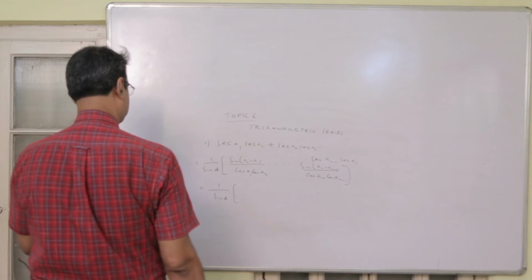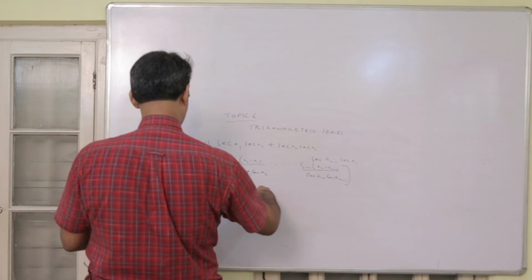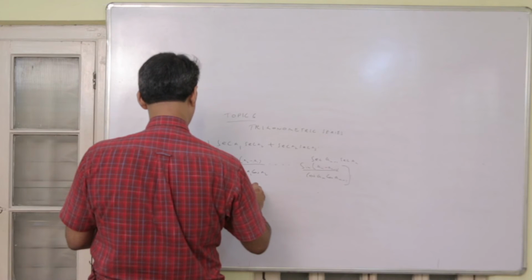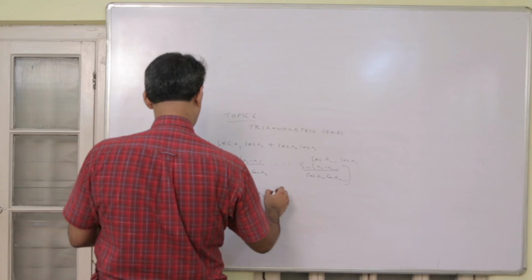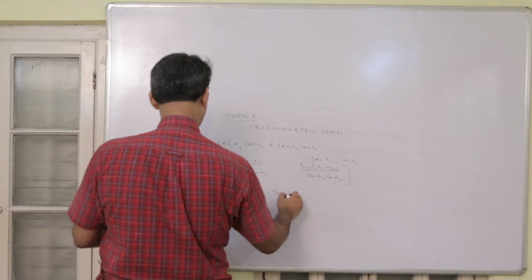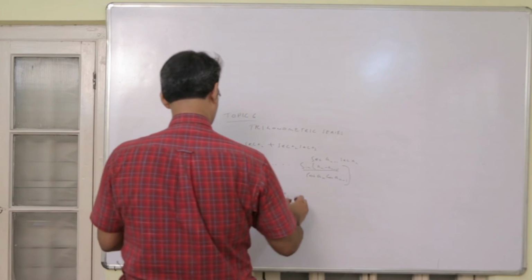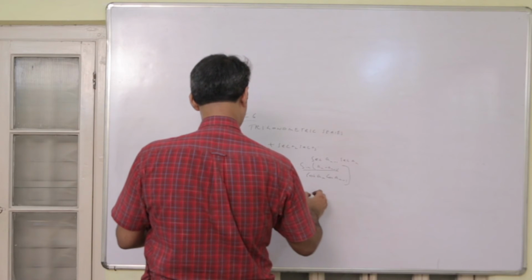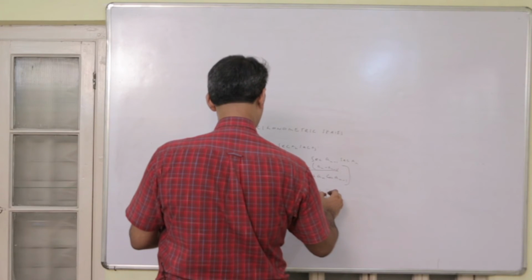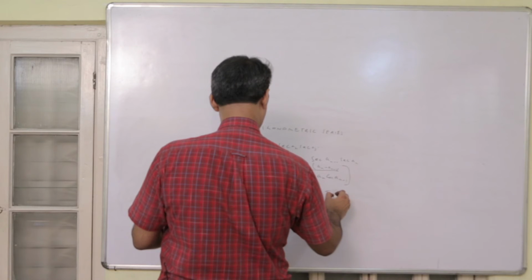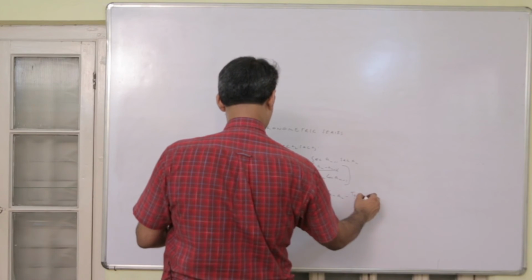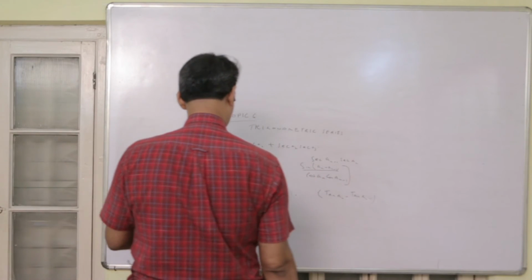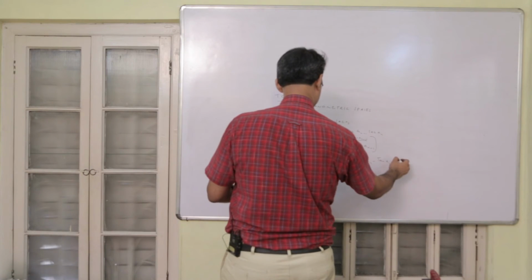Sin (A2 minus A1) is sin A2 cos A1 minus cos A2 sin A1. So that will become tan A2 minus tan A1. And if we proceed like this, the last one will be tan AN minus tan A(N minus 1).